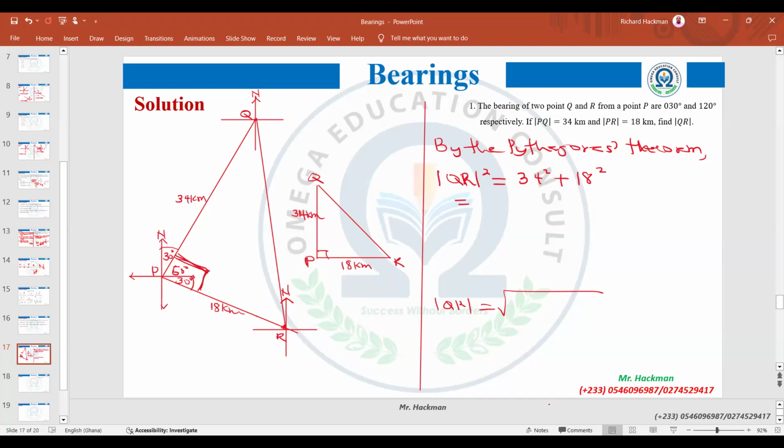I'm waiting. 1,156. So 34 squared is 1156, then plus 18 squared, which will give us 324.